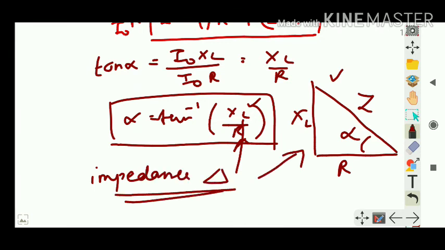This triangle is called the impedance triangle. Clear? We have just brushed through a lot of topics because this topic is not required in the case of your single figure. That's why I'm running.